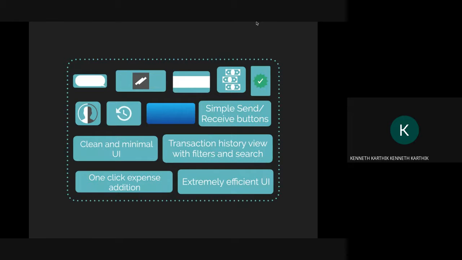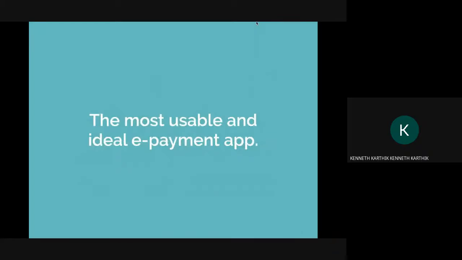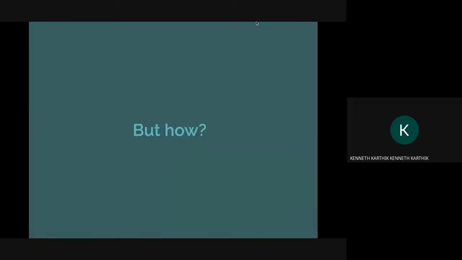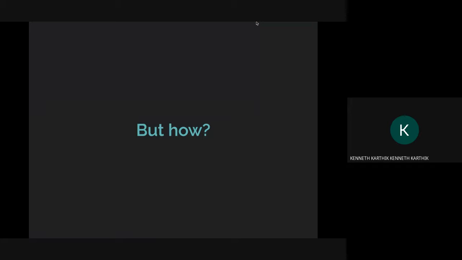So me and my team, we basically got all the positives from it and made sure to ignore and evade all of the problems they had. And that would, in theory, at least on paper, become the most usable and ideal e-payment app currently in the market, because it had the best of all of the other stuff, and it didn't have the negatives of each. And so how did we approach that?